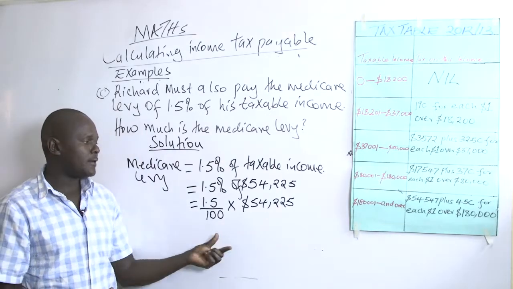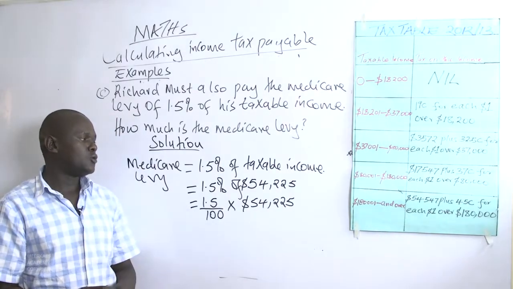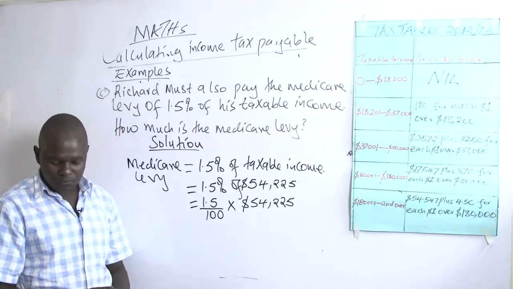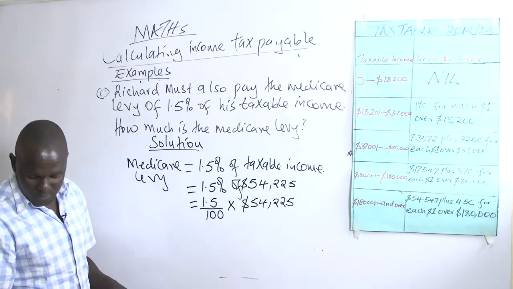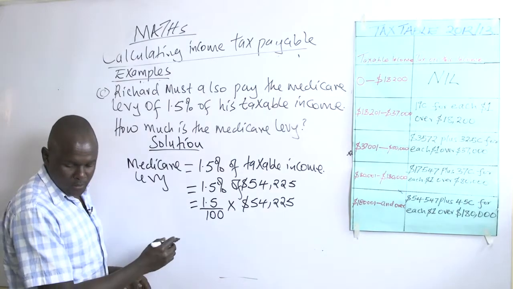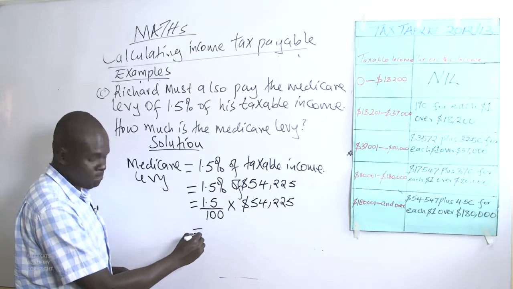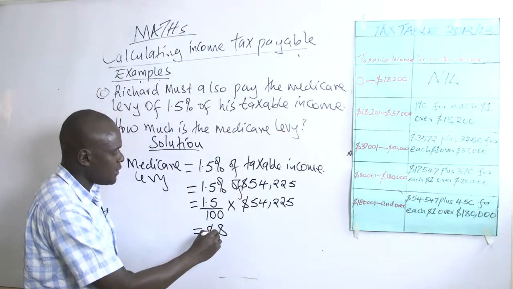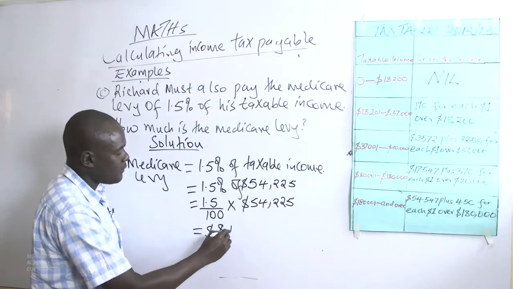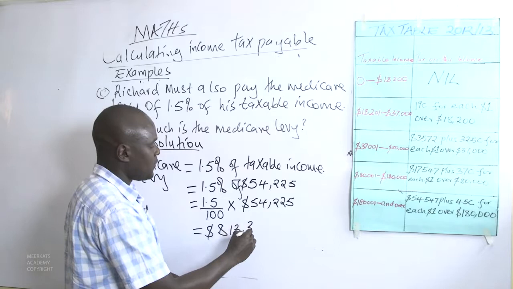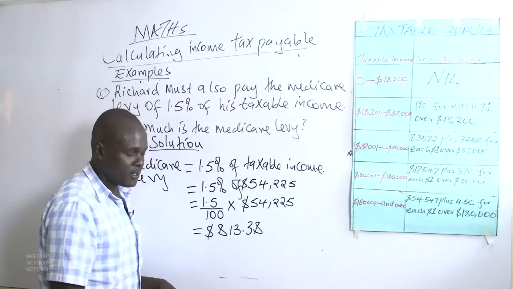So 1.5 out of 100 of $54,225 will give us $813.38.